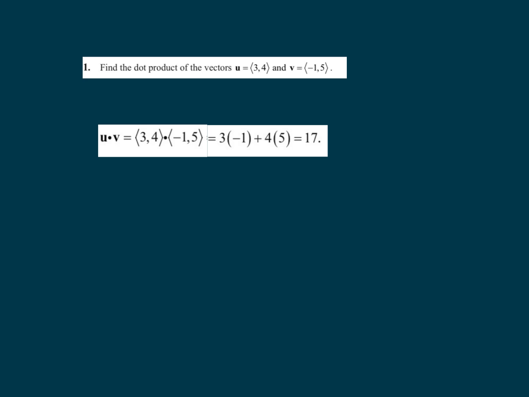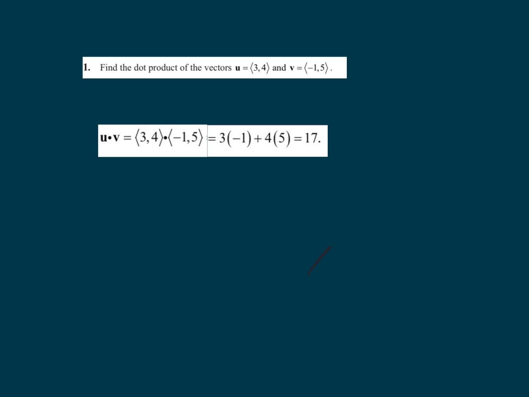The dot product has 3 possibilities for the number. The number may be positive, the number may be 0, or the number could be negative. What does a positive number mean, like in this case? It means that the projection of u onto v happens in the direction of v.